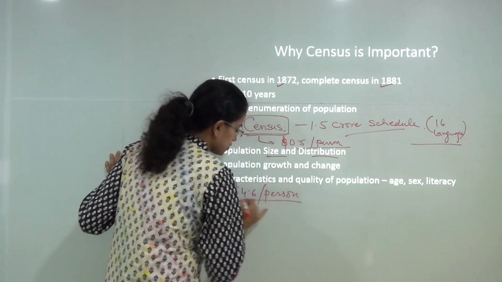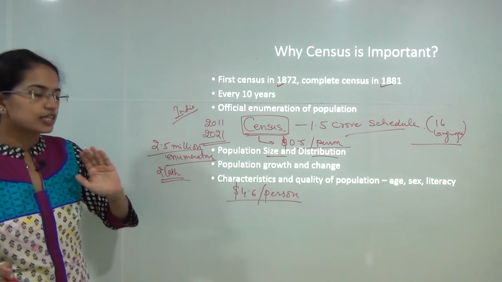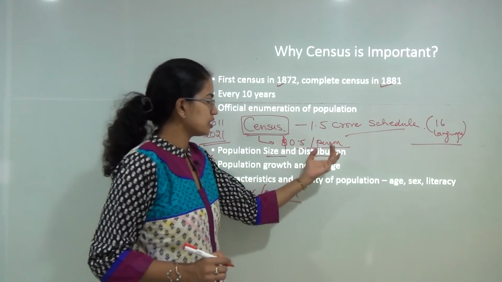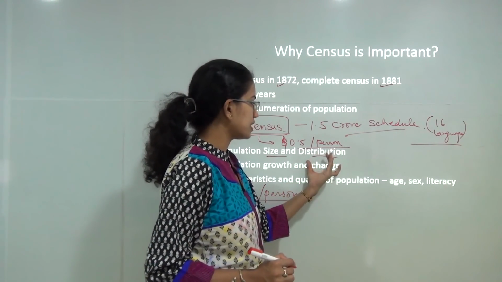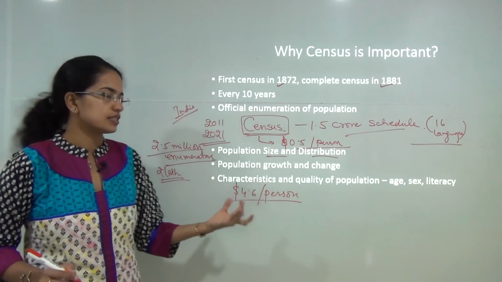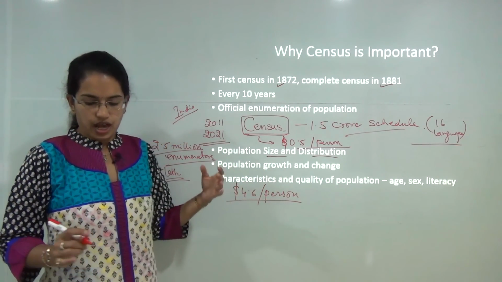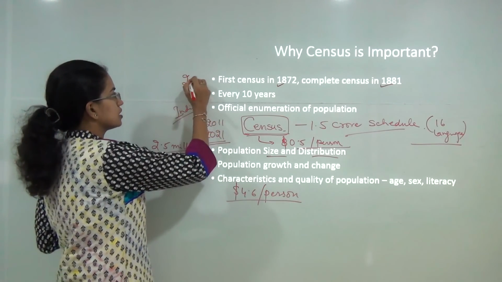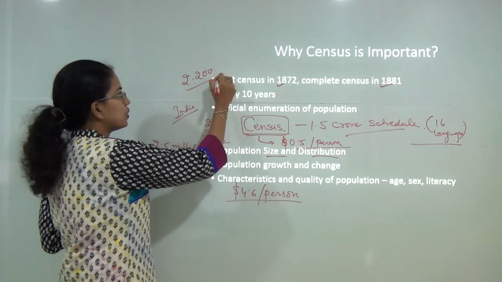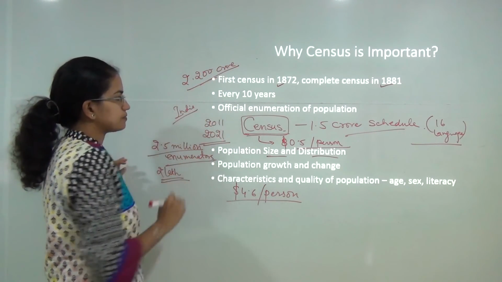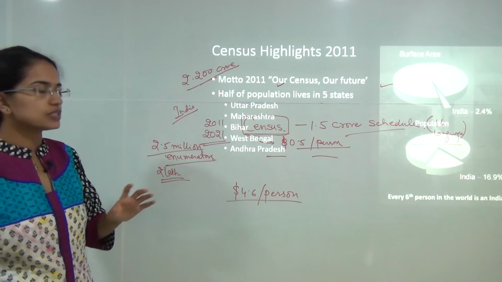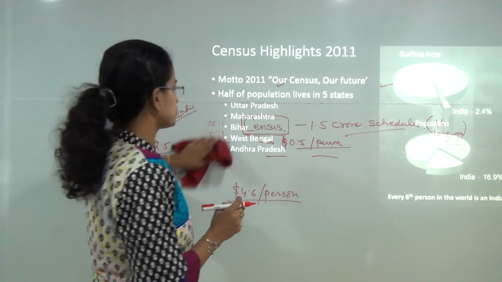So the cost of enumeration worldwide is on average $4.6 per person, whereas India has it at merely $0.5 per person. However, the total cost of the census project was 2,200 crores for 2011. The motto for the 2011 census was, our census, our future.